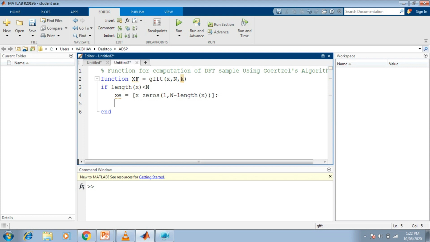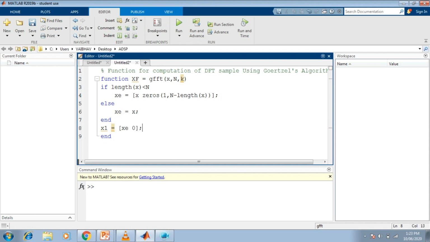Along with this condition, we would also like to have the other part, hence we write the else part to this if statement. If the condition is not true, that the length of x is less than capital N, we would like to have the variable xe be small x as accepted from the input. Now we end the if condition here, and we have the definition of x1, which can be simply xe as defined earlier, and next to that we have 0.